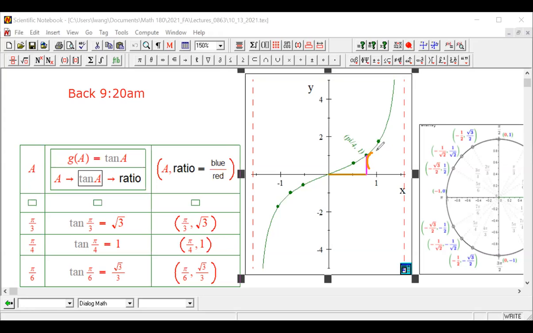So for pi over 4, I'm going to use the orange. We've been using the orange color for a specific reason. Can anybody refresh us about that? Because it's the arc lens. That's right.